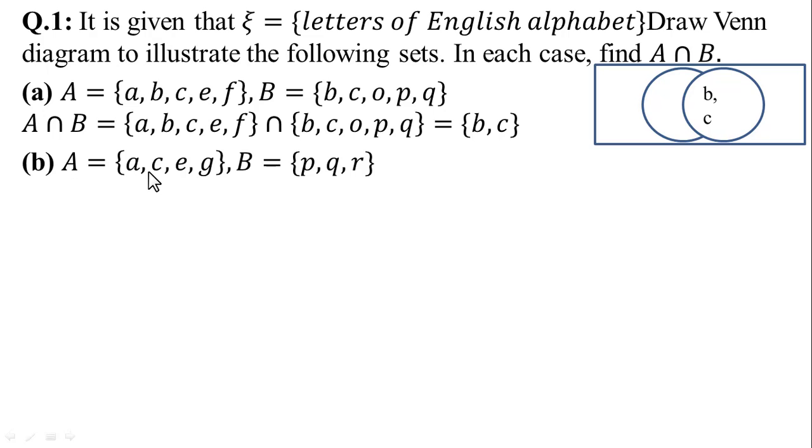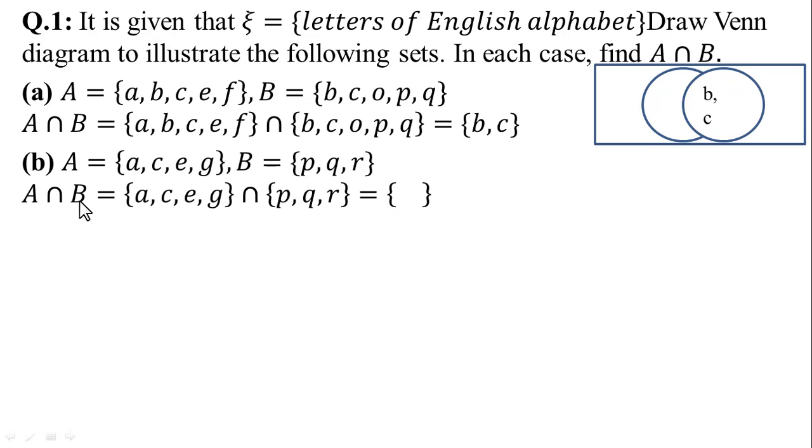Now we take part B. A is equal to A, C, E and G, and the elements of set B are P, Q and R. Now take A intersection B. First of all, write the elements of set A, intersection, write the elements of set B. In both sets, no element is common, so they have an empty set.